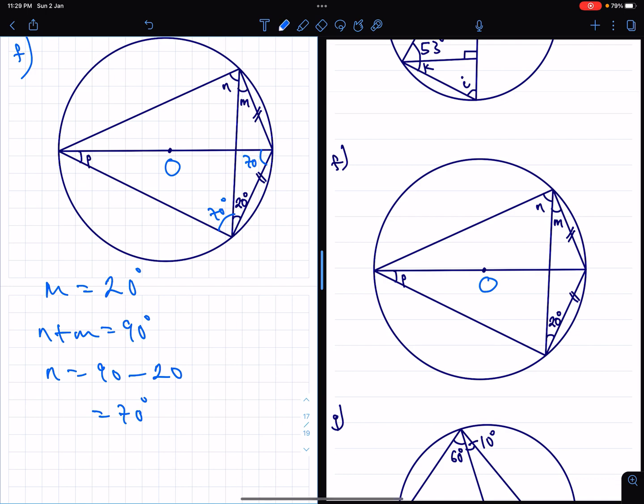We can see that this angle and N are in the same segment. Yes, that's correct.